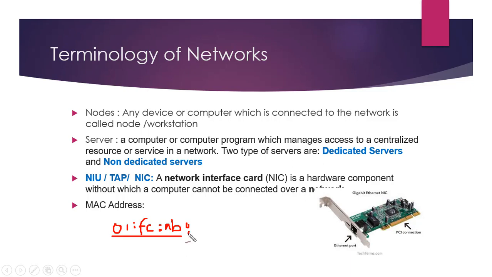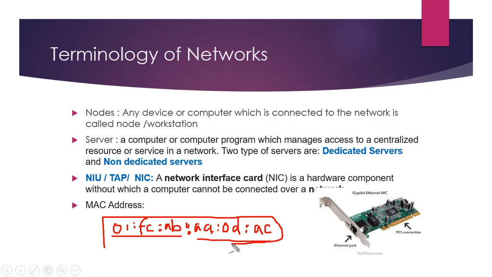And then we have the product information, that is the rest three values. Let's say it is AA colon, let's say 0D colon, let's say AC. Okay, so these are hexadecimal values separated by colons, and it is unique for each and every device. Okay, hope you got it.